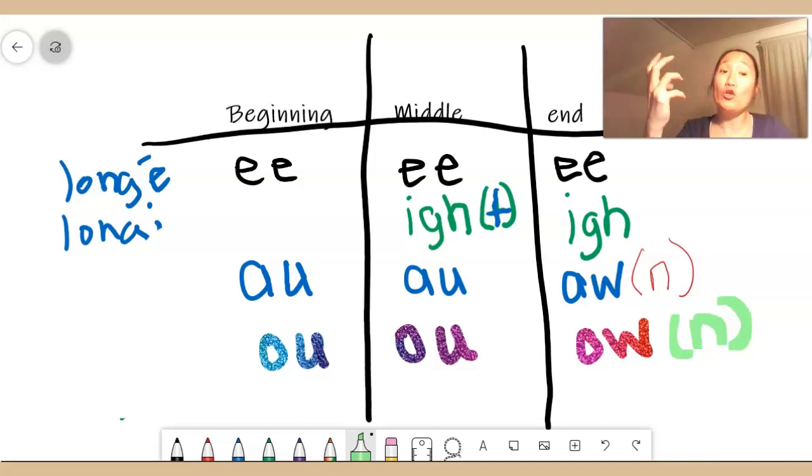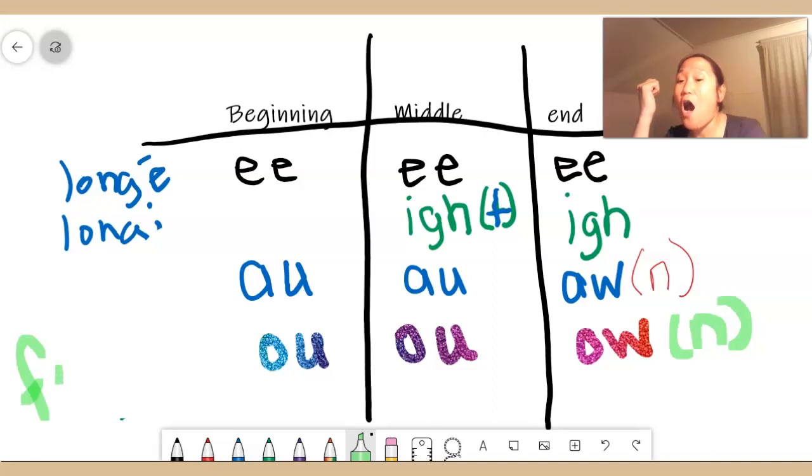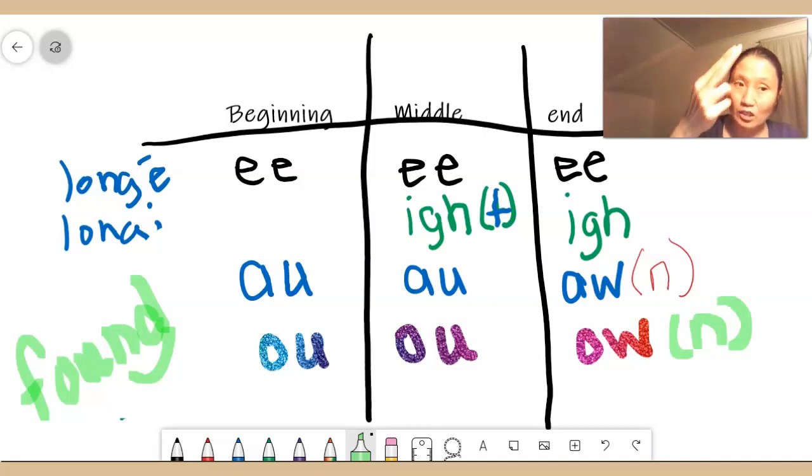Now, if you have an O-U, like found, so if you had ow, found is a glued sound, so it's together. Ow, ound, 3 sounds, but that ND puts it in the middle, so it's going to be in the middle.